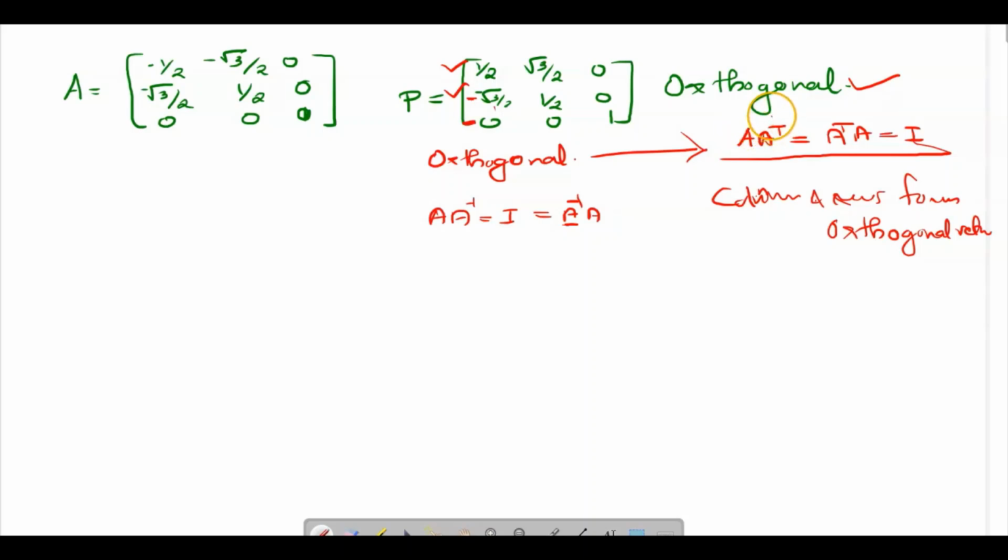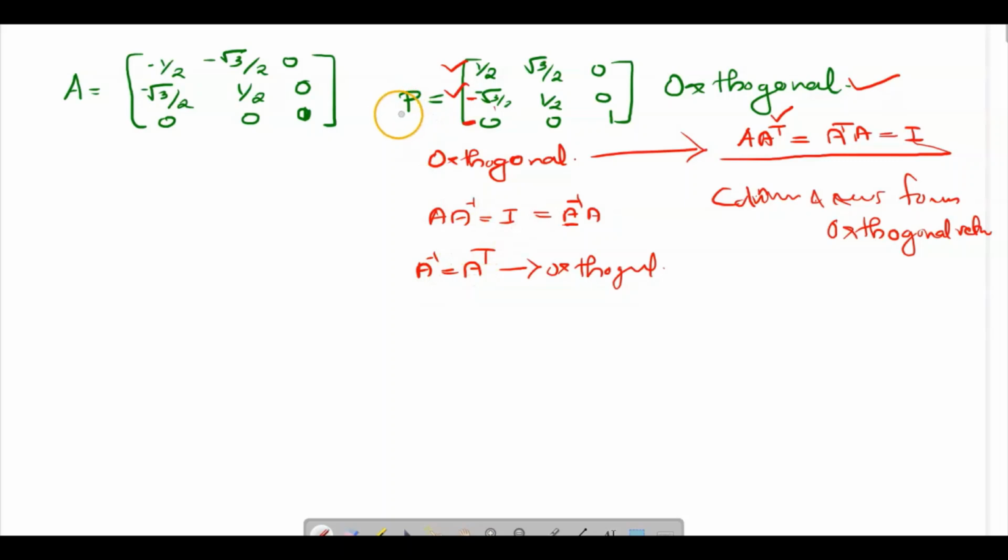Here A transpose satisfies the same, since A A transpose equals identity and A transpose A also equals identity. So A transpose equals A inverse for an orthogonal matrix.